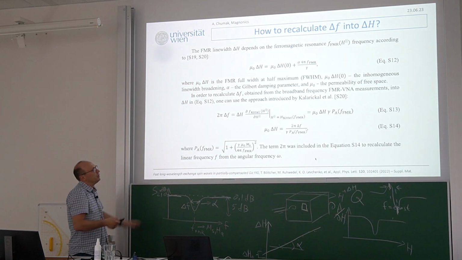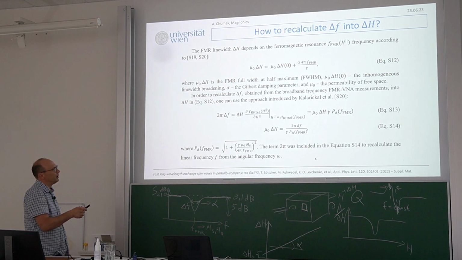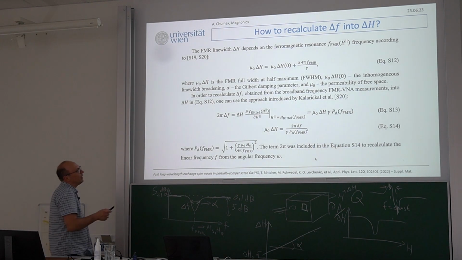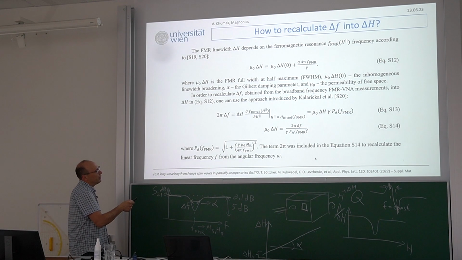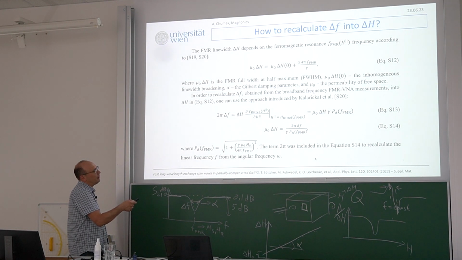Here is the simplest formula. It's from a paper of Kalarickal, but everybody is using it. You see it's delta omega, so 2 pi, and then you just rewrite it in the form delta H, which we are searching for, and then delta F or dF over dH.